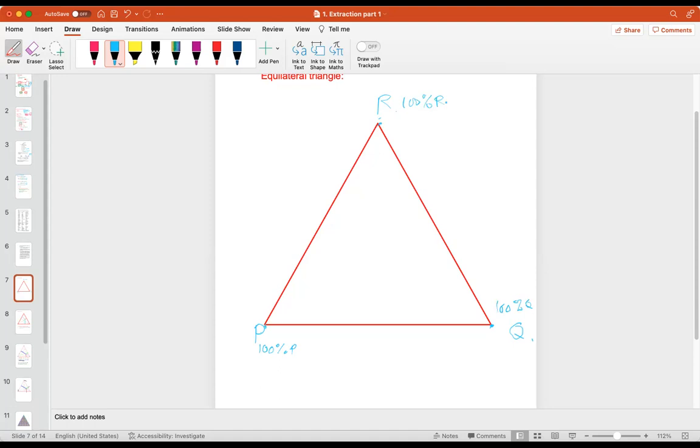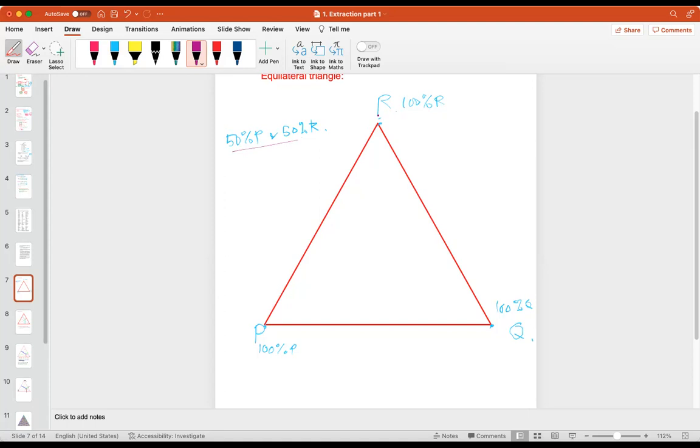Now, how to find, for example, 50% P and 50% R. If there are only two compounds, you look at the side between P and R. So this is P, this is R, and 50% P and R is between these two.